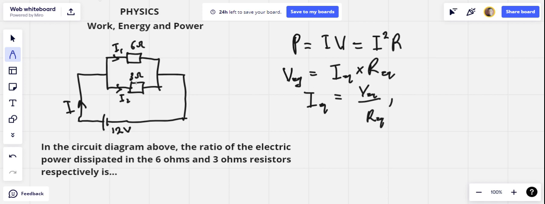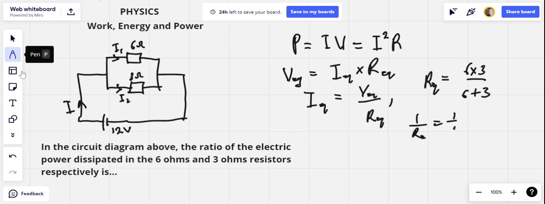Since there are two resistors connected in parallel, the equivalent resistance can be given as 6 times 3 divided by 6 plus 3. That's R1 times R2 divided by R1 plus R2. If you still want to go 1 over R equals 1 over 6 plus 1 over 3, it will still arrive at the same point. But this pattern I'm doing is only for when there are two resistors in parallel. If it's more than 2, you use the conventional formula.